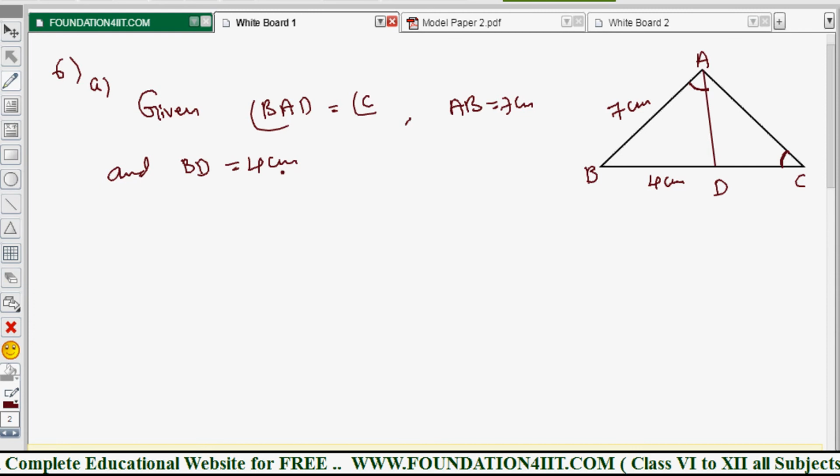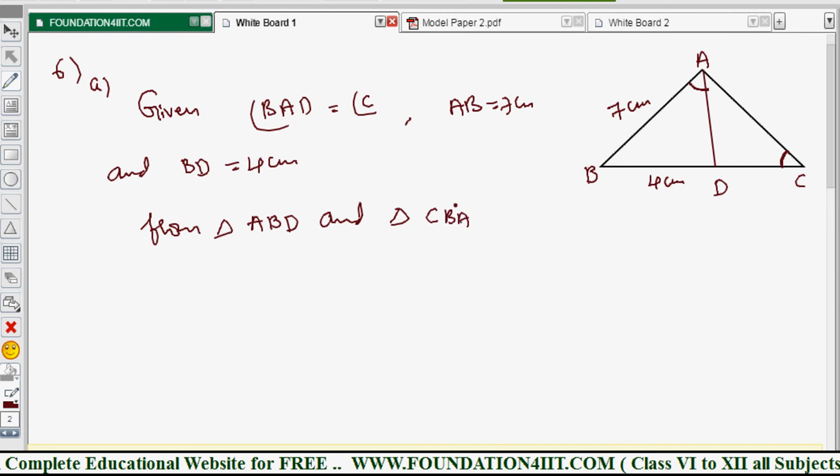Now let's see the similarity between the triangles. Which two triangles are similar? Triangle ABD and triangle CBA.